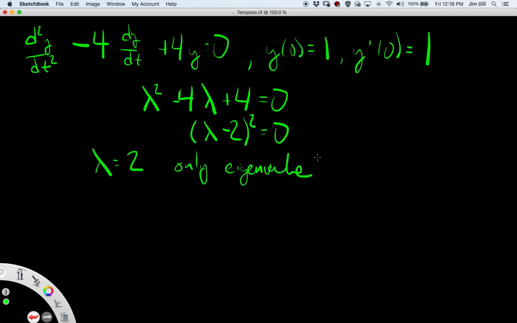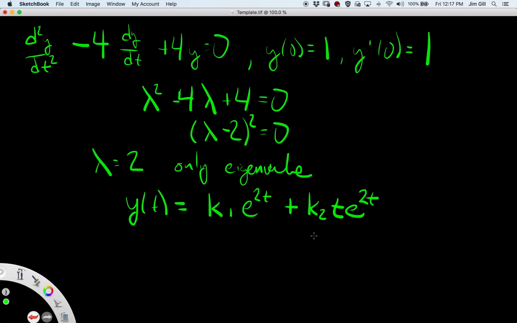And you recall, for systems, having just one eigenvalue leads to a slightly complicated situation. When you follow that through with this approach, you get the following general solution: y of t is equal to k1 e to the 2t plus k2 t e to the 2t.